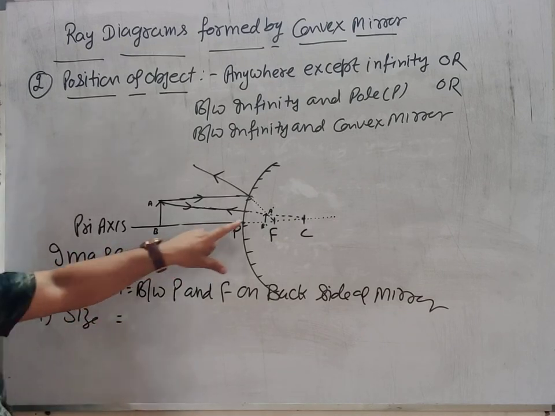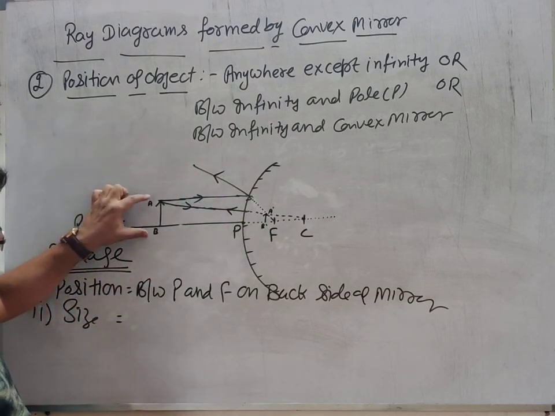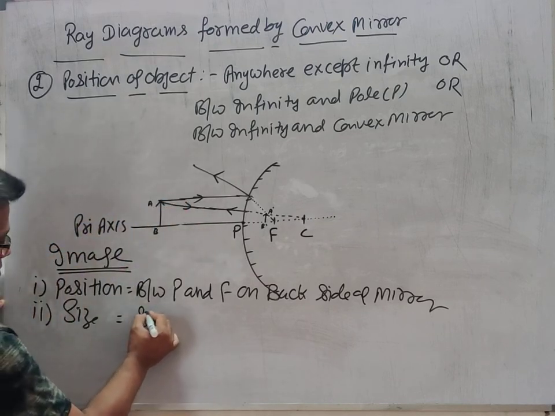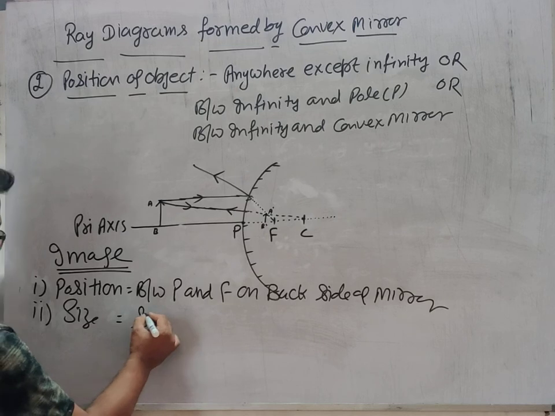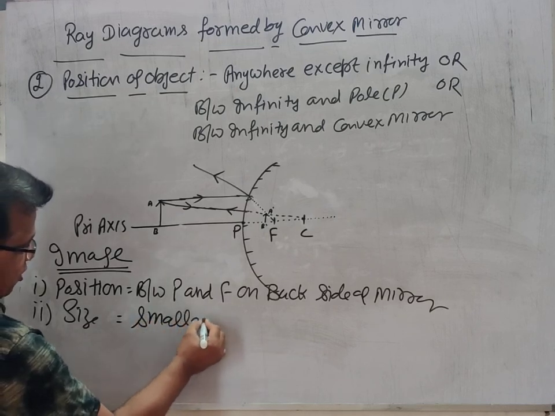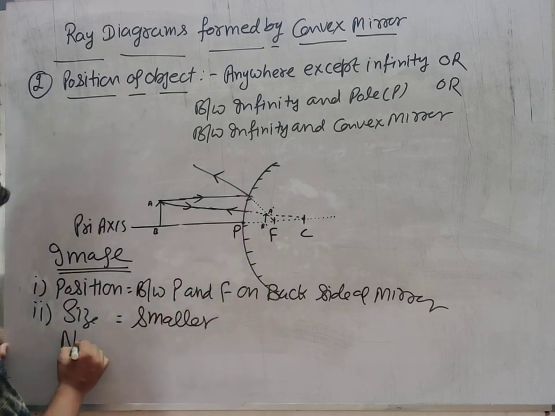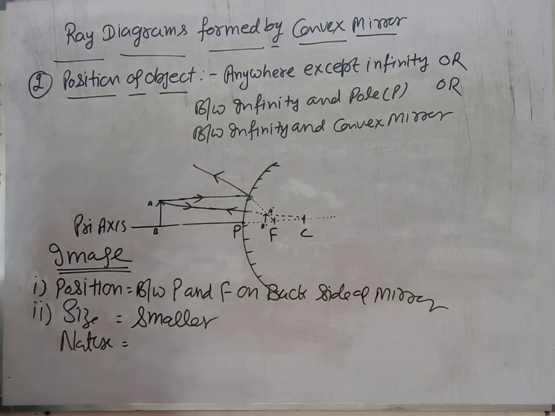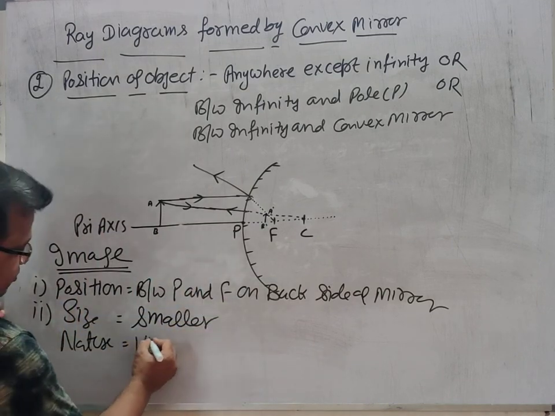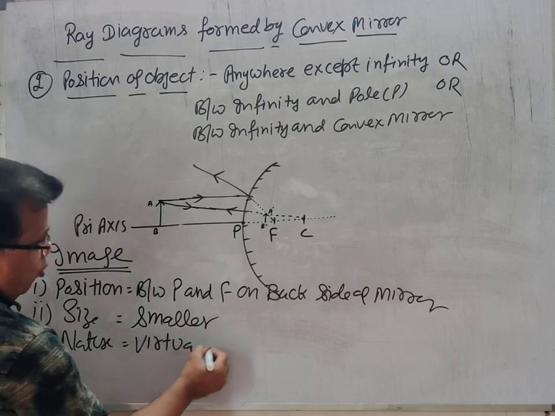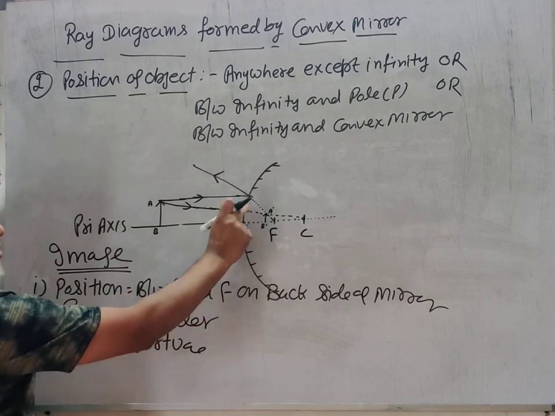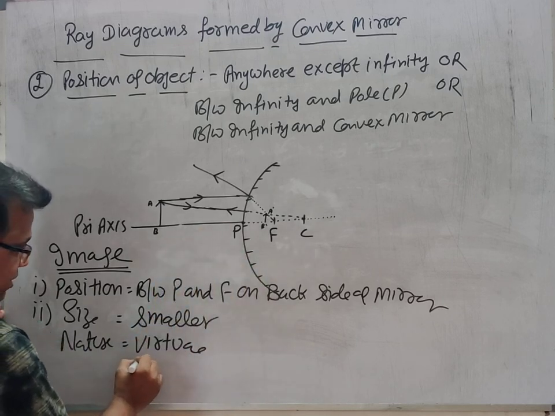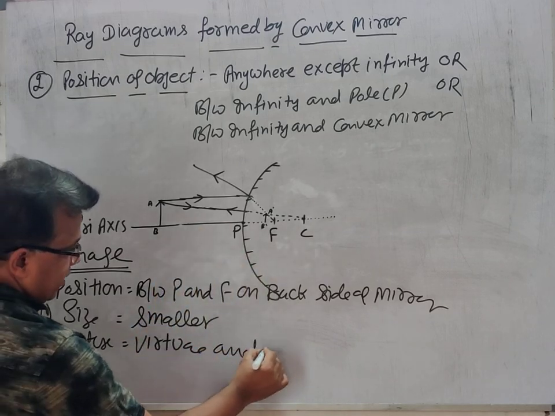We are observing it is bigger than the previous case, but in spite of it, it is smaller than the object. So it is diminished or smaller than object. What is nature? On that side, it means it is virtual, and because it is erect, therefore it is also virtual. So virtual and erect.